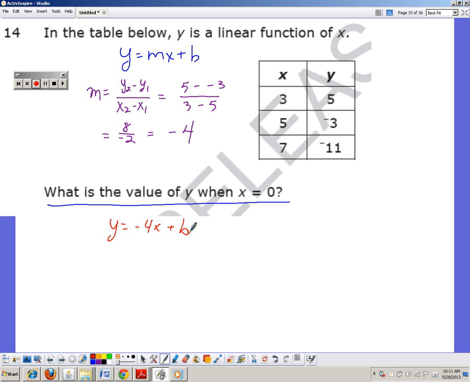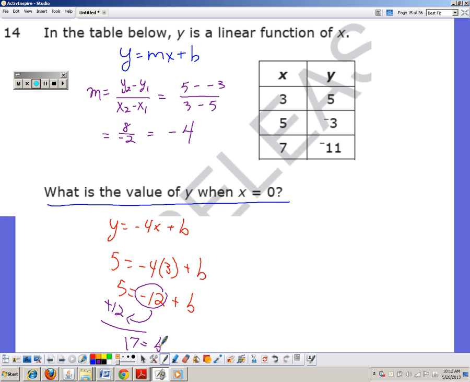I'm going to take the first point because it's all positive numbers and it's easier to work with positive numbers. So 5 equals negative 4 times 3 plus b. 5 equals negative 12 plus b. Instead of minus 12, we're going to change it to plus 12. 5 plus 12 is 17.